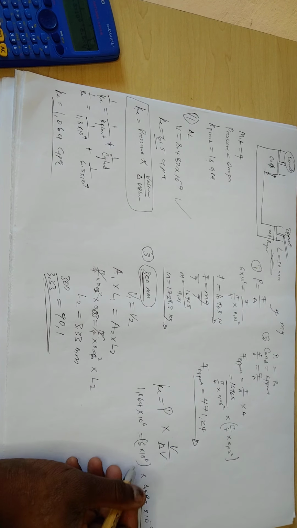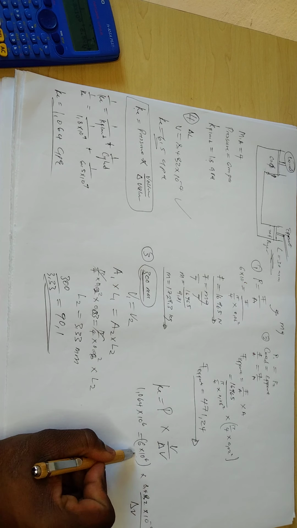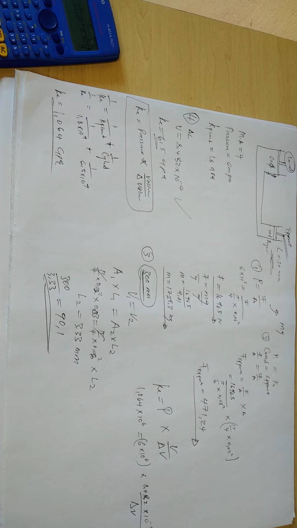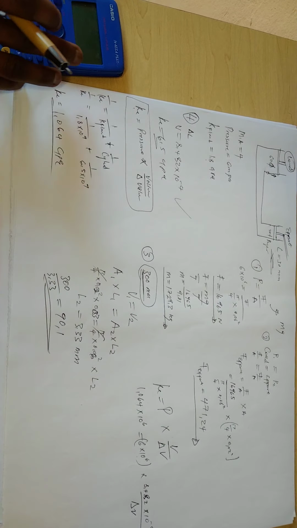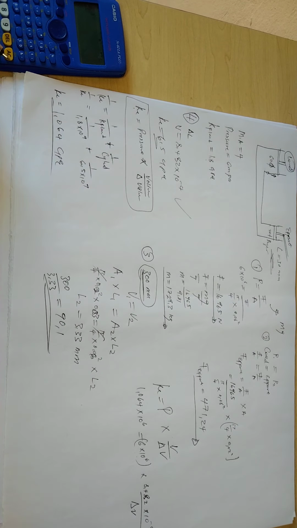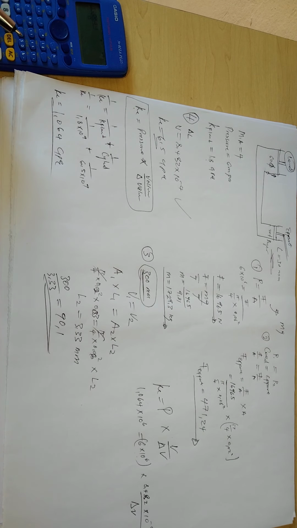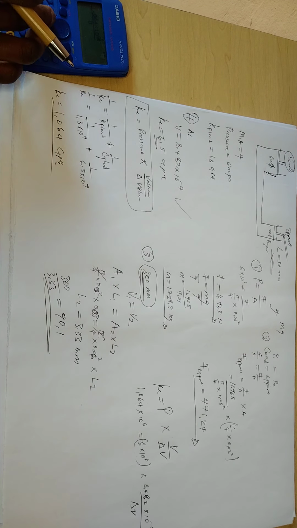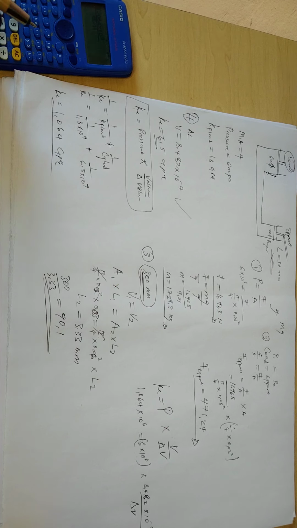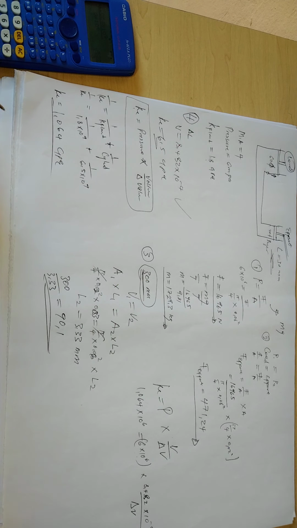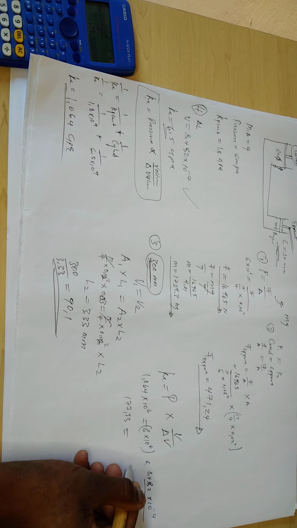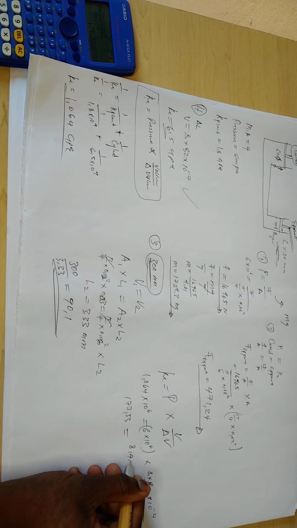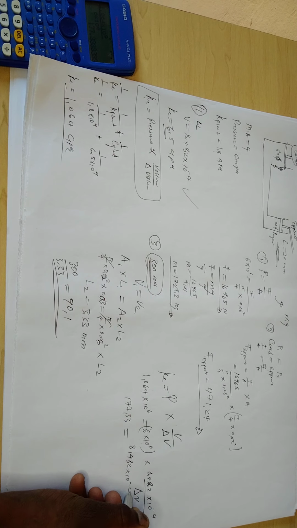So I'm going to divide this with this first, right? Let me reset my calculator. I'm going to say 1.064 times 10 to the power 9 divided by 6 times 10 to the power 6. Then it's giving me 177.33, equals 8.482 times 10 to the power minus 4 divided by changing volume.